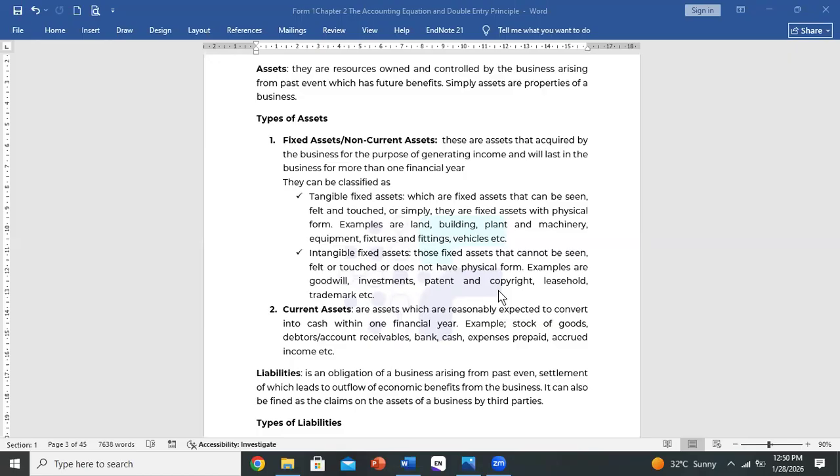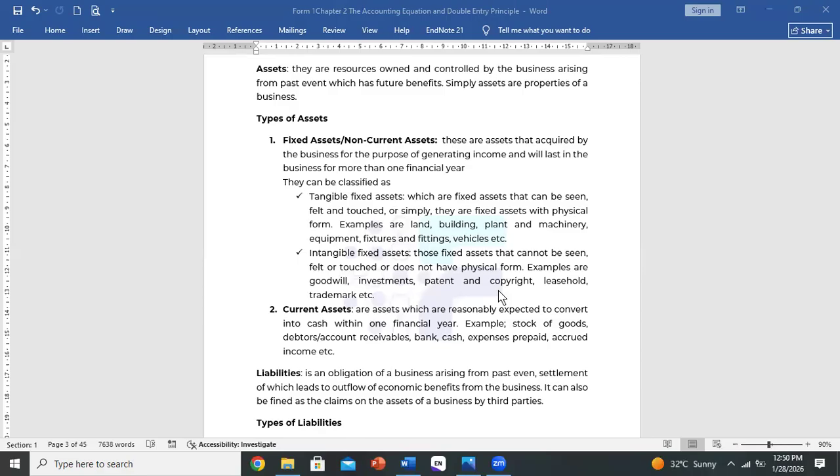Okay. So copyright, goodwill, patent, trademark, all these things are assets, okay, but they don't have a physical form. You can't see copyright, you can't see trademark, you can't see patent. Well, I'm yet to see a student who will say he can see goodwill and copyright, or touch and feel them.